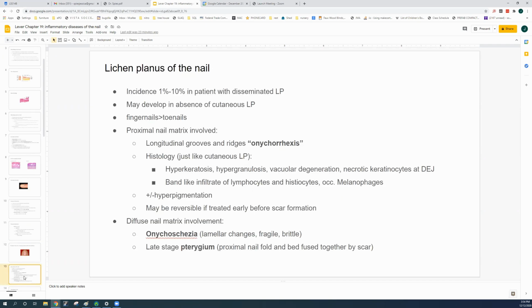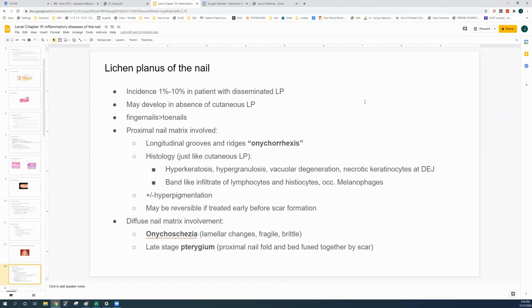Okay, the next disease that's commonly seen, out of all the inflammatory processes that affect the nail, aside from infection, which we'll get to, is lichen planus of the nail. And this could definitely be a boards question. The incidence of nail lichen planus is 1 to 10% in patients with disseminated LP.